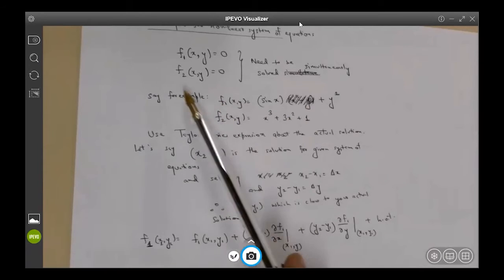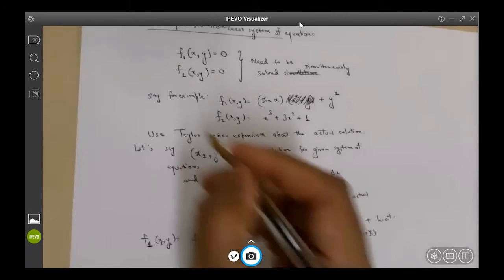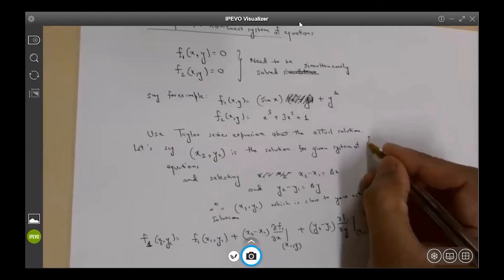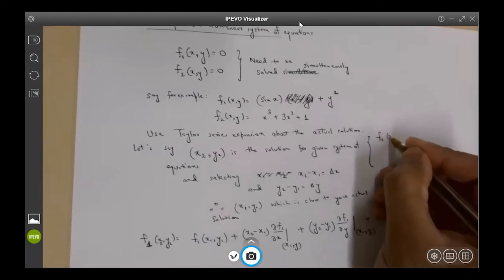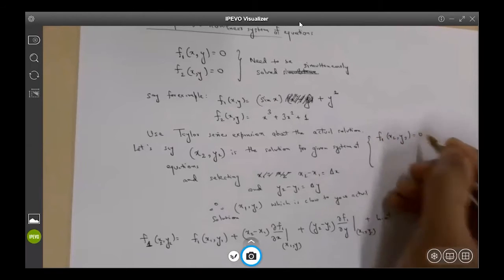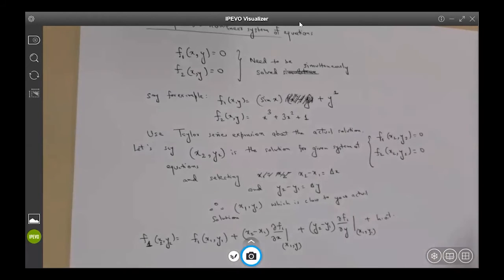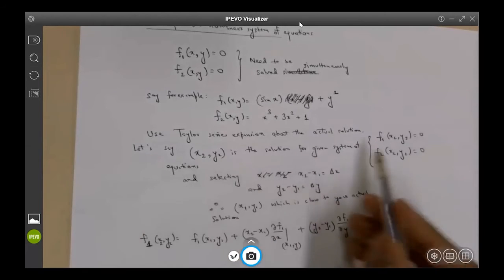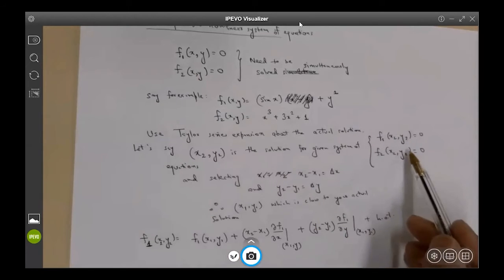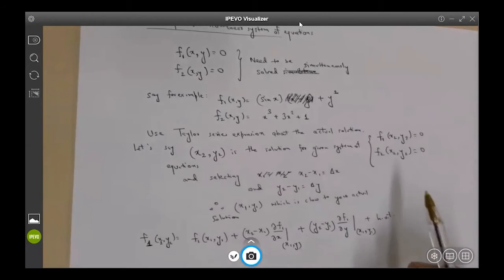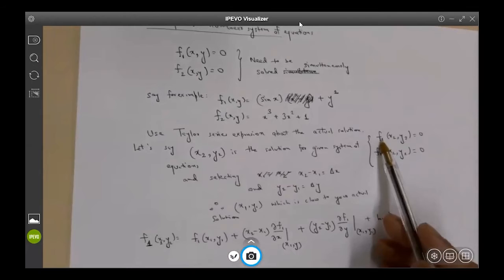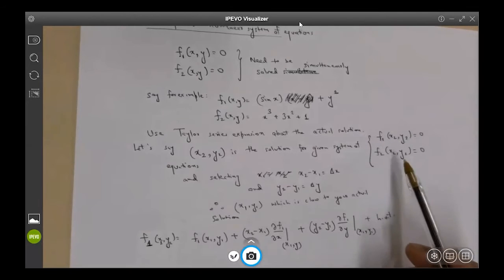That means f1 at x2, y2 equals 0, and f2 at x2, y2 equals 0. So if x2, y2 is the solution, it satisfies both of these conditions simultaneously. The same point satisfies this function and this function. Are you getting what I'm doing here, guys?